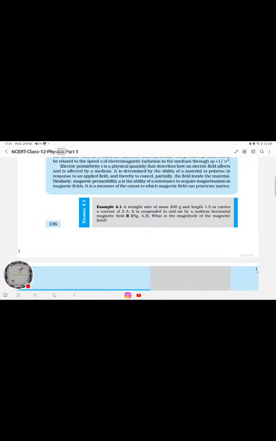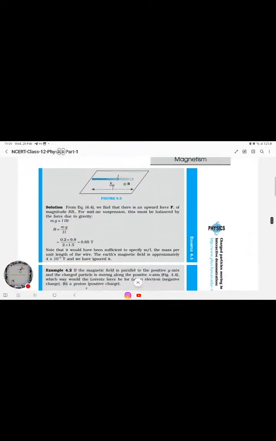So basically ILB is mg, so B is mg by IL. That is 0.2 into 9.8 by 2 into 1.5, which is about 2 by 3 Tesla.